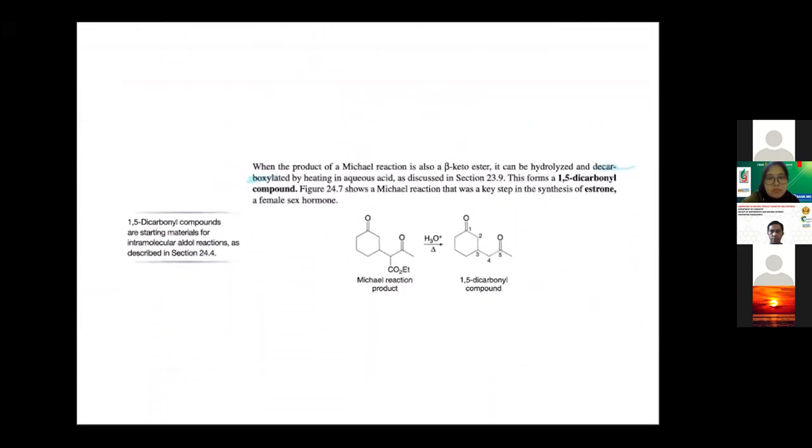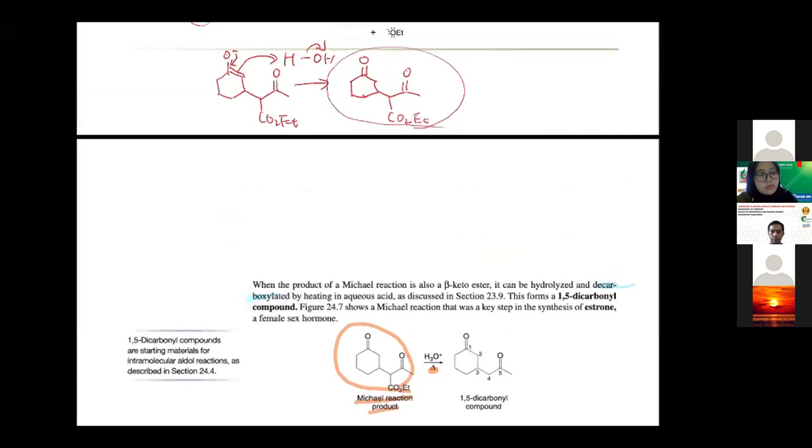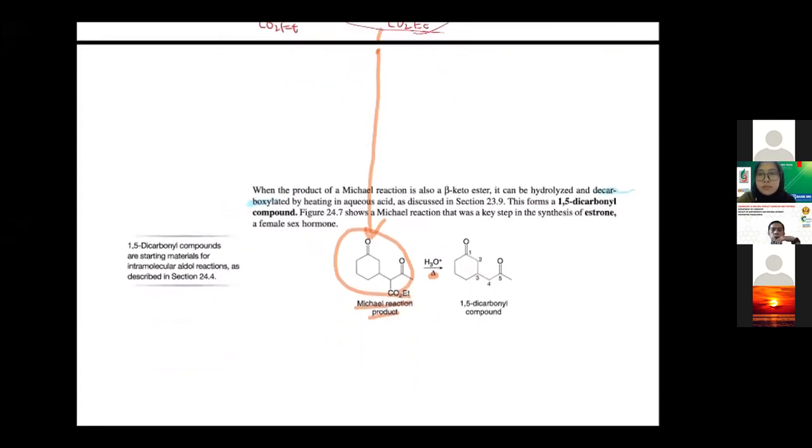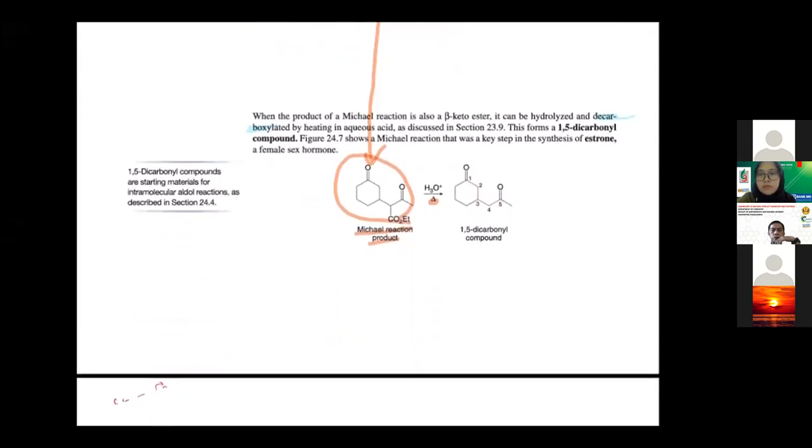This one, the last time I told you, the deprotonation. Decarboxylation is by heating, for example. This is the Michael reaction product, and this compound is decarboxylated, but hydrolyzed here.